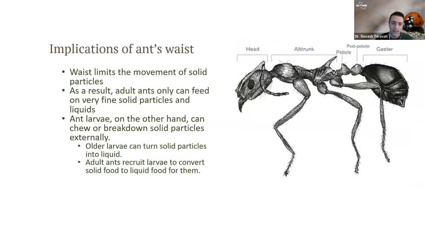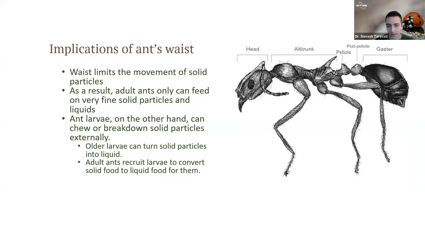It means that they cannot really digest large, solid particles. They need to really chew on stuff, and they can only pass tiny particles into their stomach. So when they feed on larger stuff, they're usually dependent on late stage larvae in the nest to break down and digest the material.